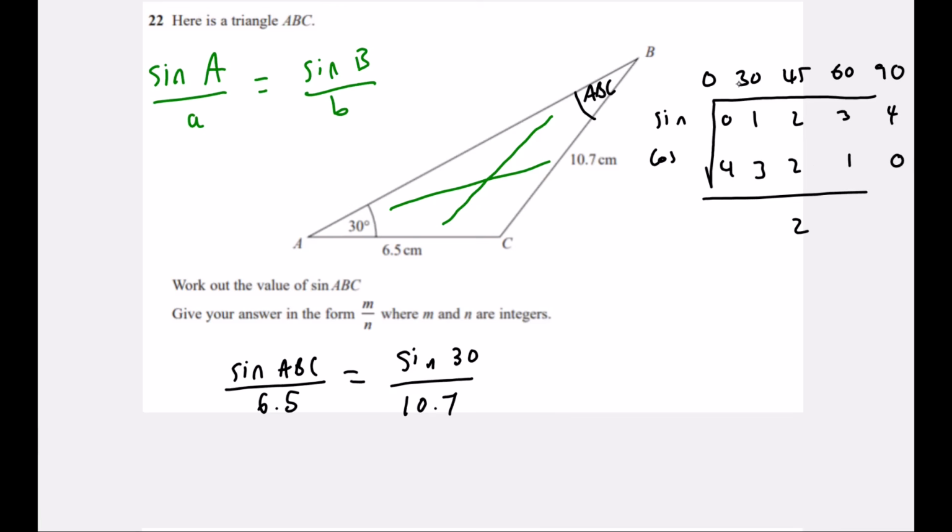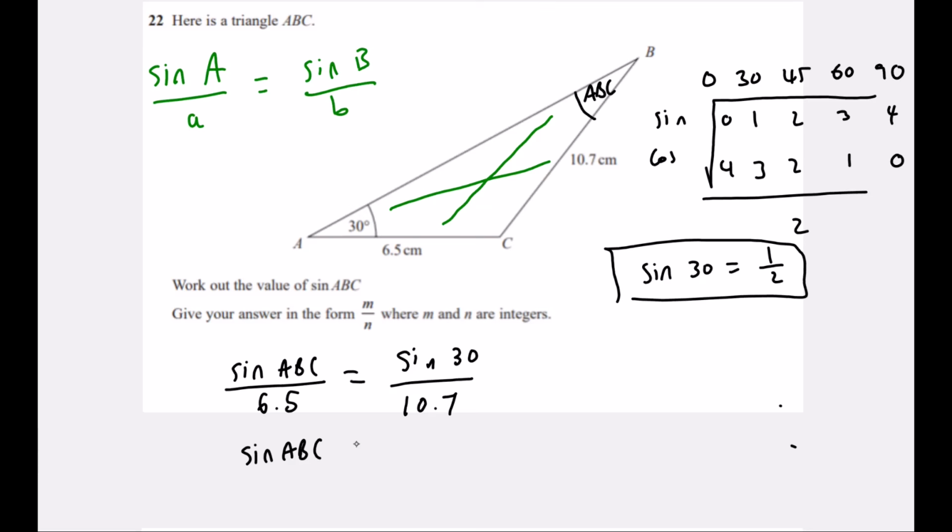So sine 30 is square root 1 over 2, which is, well, square root 1 is 1. So sine 30 is 1/2. I won't do the triangle right now. It might just take up too much time. So sine 30 is 1/2. So sine ABC is 1/2.